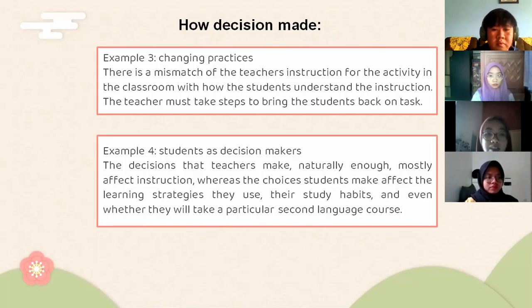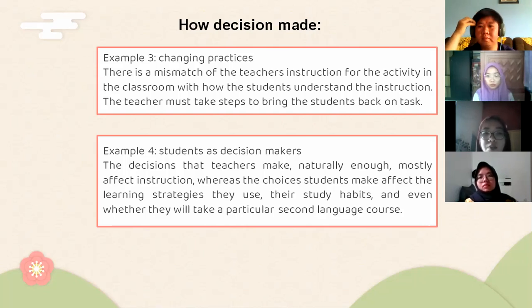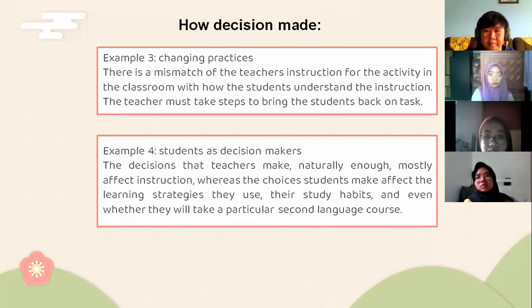And for example 4, not only the teacher as the decision maker, students can also be decision makers. The decisions that teachers make naturally mostly affect the instruction, while the choices students make might affect the learning strategies they use, their study habits, and even whether they will take a particular second language course.